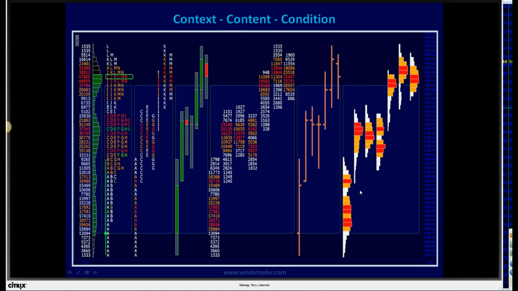That's just another way of looking at it, but this information is only as valuable as your skills in interpreting it.